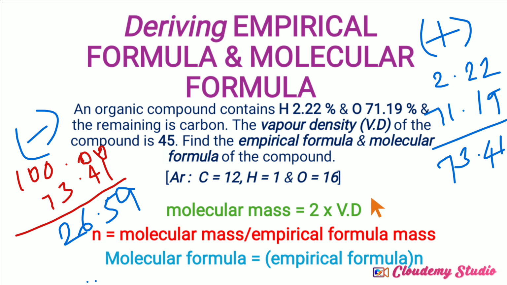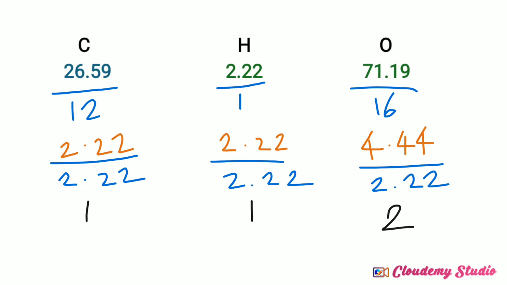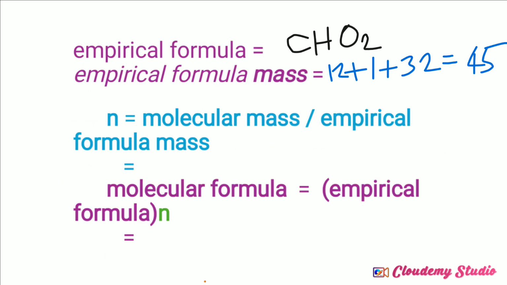So using the vapor density, we can derive the molecular mass using the formula 2 into vapor density. So the molecular mass is 2 times 45, divided by the empirical formula mass, that also 45.